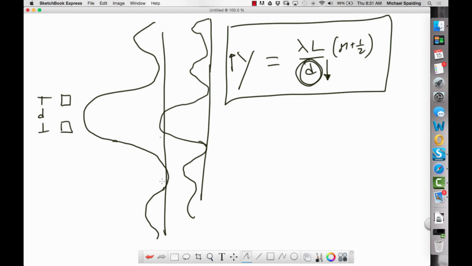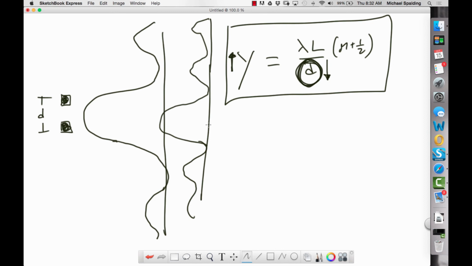Does that make sense? If you're moving these two speakers closer together, what's happening to D? It's getting smaller. If D gets smaller, Y gets larger.